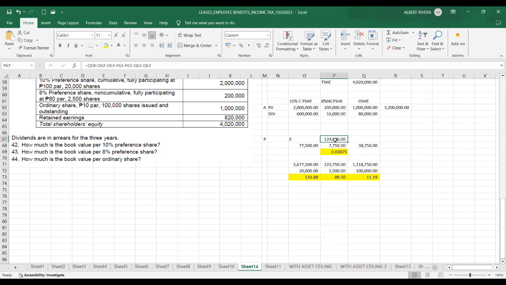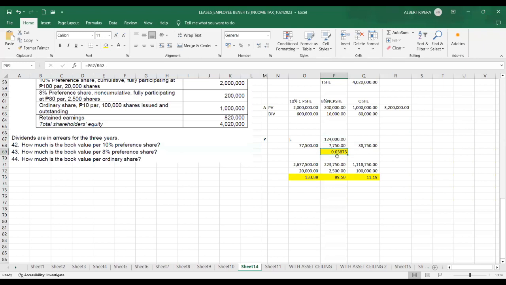What is the amount to be allocated? 124. What is the basis of allocation? Aggregate par value. Okay, so the quotient of 124,000 divided by the 3.2 million, yan yung 0.03875. That is now the allocation factor. If this factor is multiplied with the 2 million par value, makukuha mo na to. Okay, that is just the same of computing this by using 124 times 2 over 3.2. Okay, para hindi masyadong marami ang pinipindot.